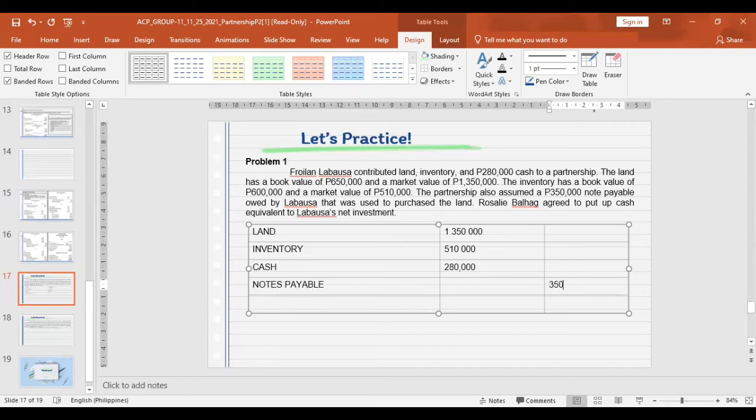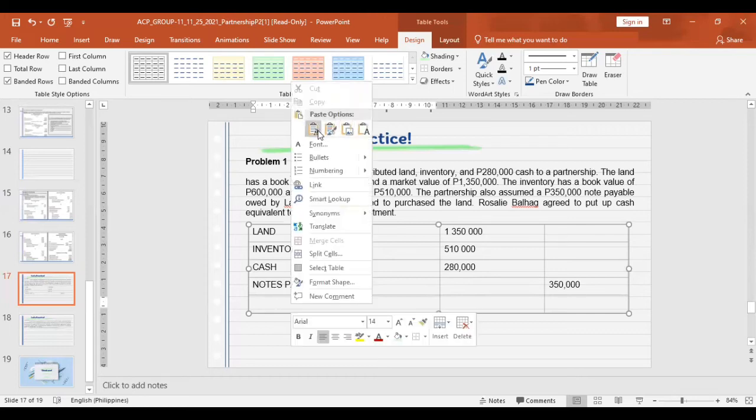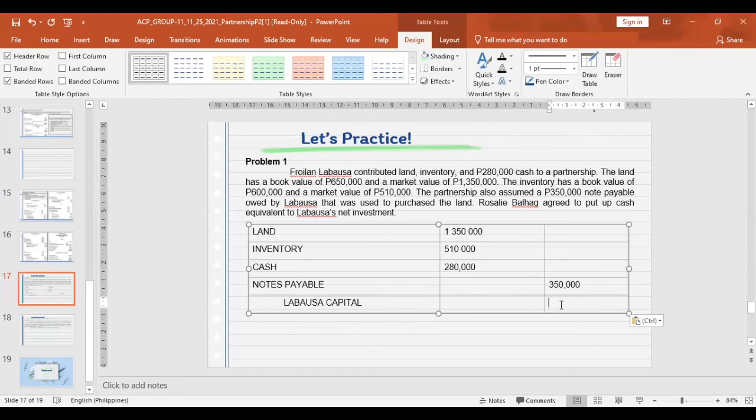Debit ay credit yun. So, yung capital na lang niya, 1,350 million plus 510 plus 280, less natin yung 350. So, ang magiging capital na lang niya is 1,780,000. So, ganyan siya i-record.